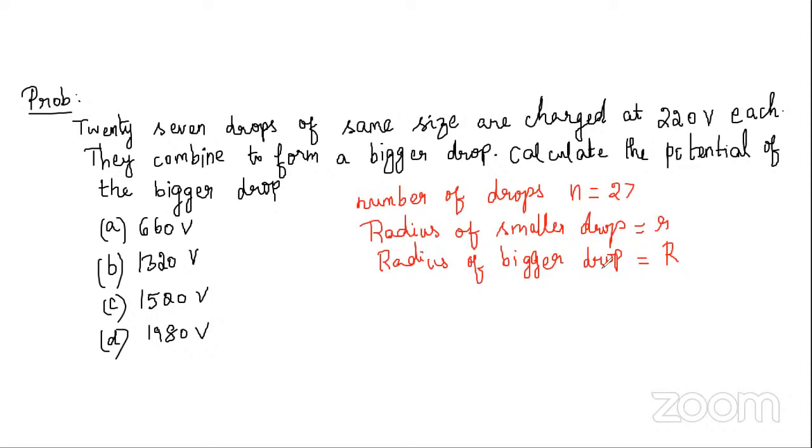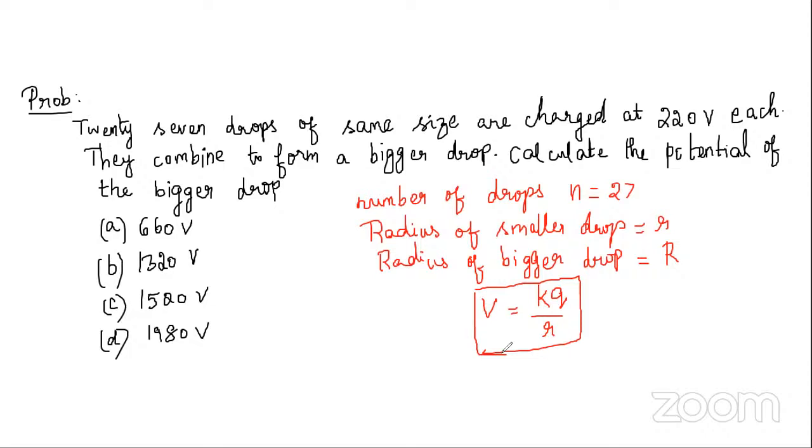What is the formula for potential? In general, the formula for the electric potential is V equal to K into Q divided by R. In this expression, we need to find the radius of the bigger drop and also the charge on the bigger drop.